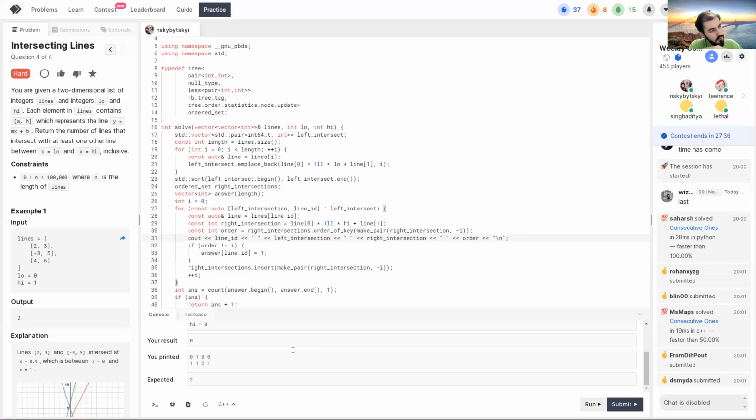How to count such intersections? I mean, we can obviously duplicate this code, but it's a very stupid approach. No, I don't want to duplicate.